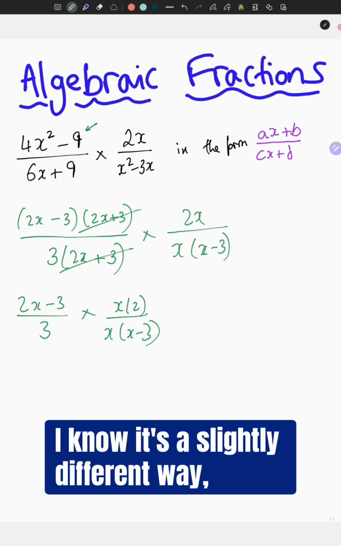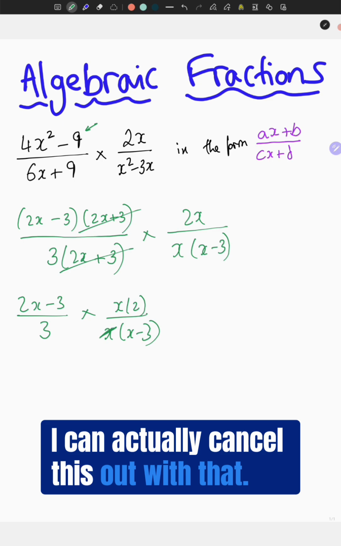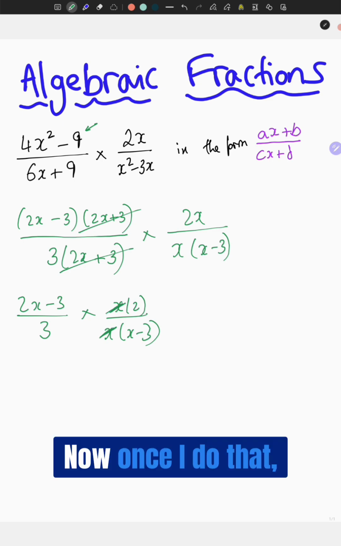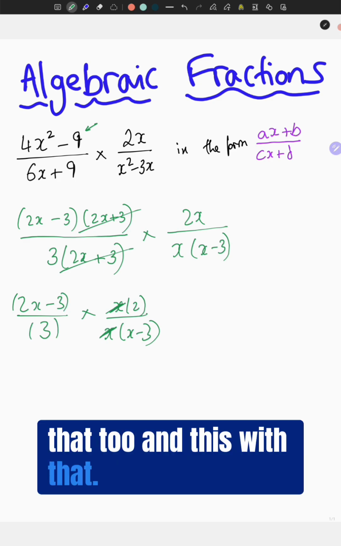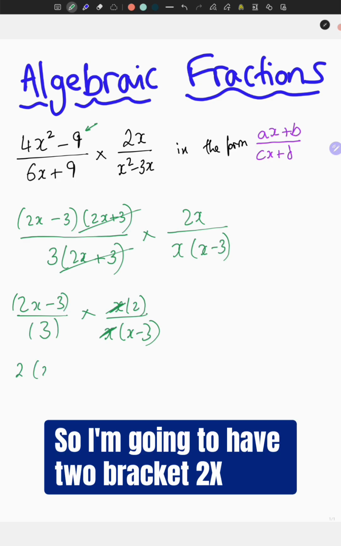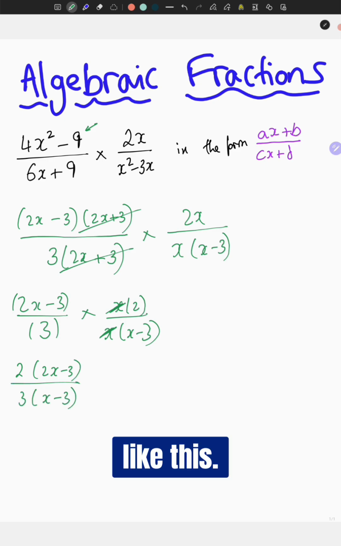I know it's a slightly different way, but it's all about manipulation. So if I write it like this, I can cancel this out with that. Once I do that, I multiply this with that 2 and this with that. So I'm going to have 2(2x − 3) over 3(x − 3), like this.